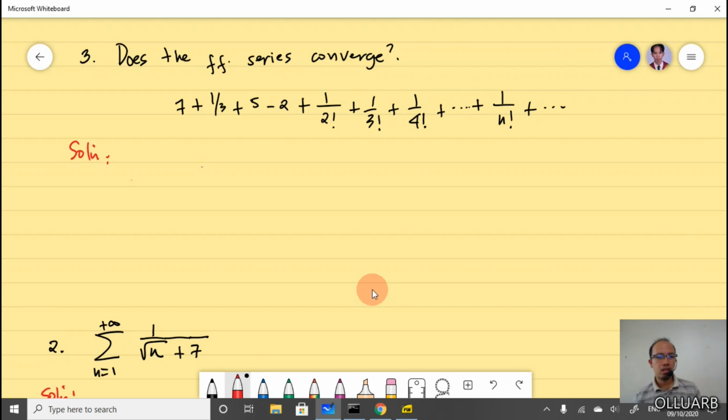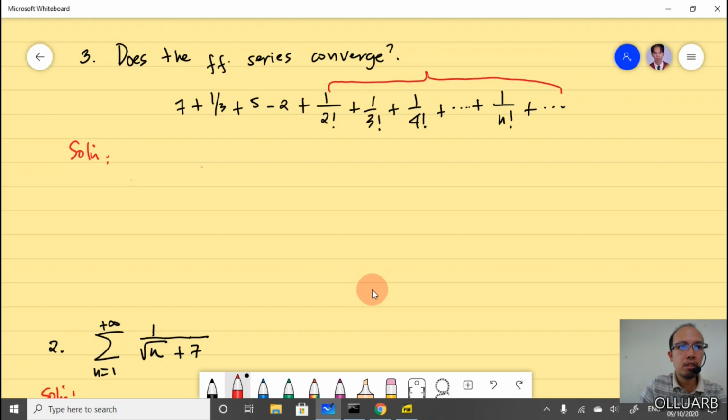Using the direct comparison or comparison test, remember that these terms here resemble the previous example.